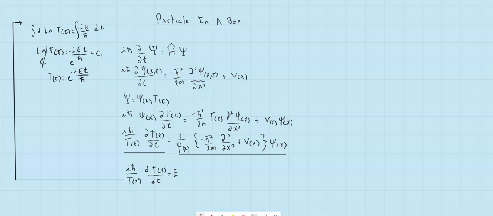And I have this constant C1, which I'm just going to put right in front, as A. And that is my time-dependent solution.